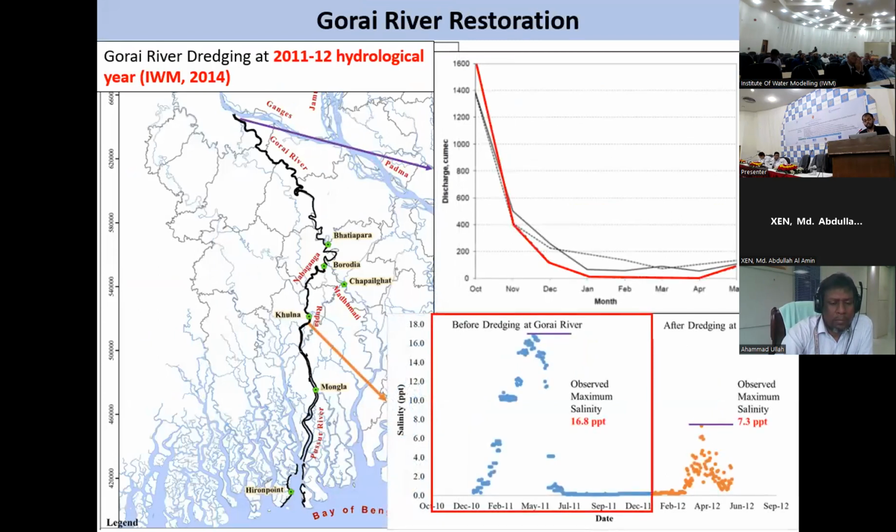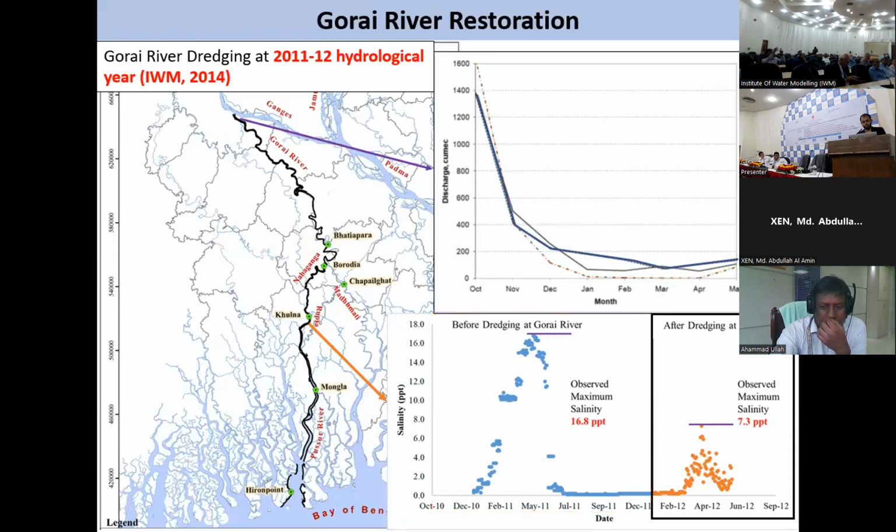We see the red line is the flow hydrograph before dredging. Before dredging, the flow at Gorai is almost zero, and maximum salinity at Ruksha River is 16.8 ppt.